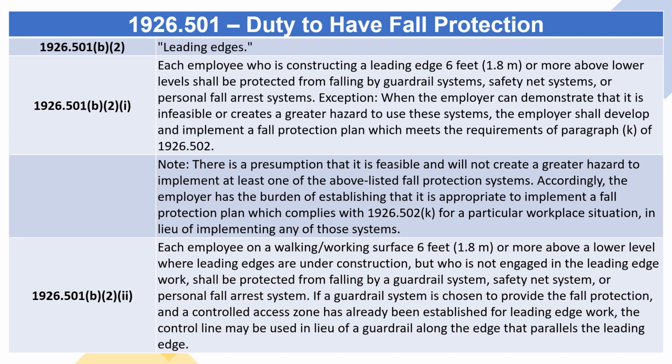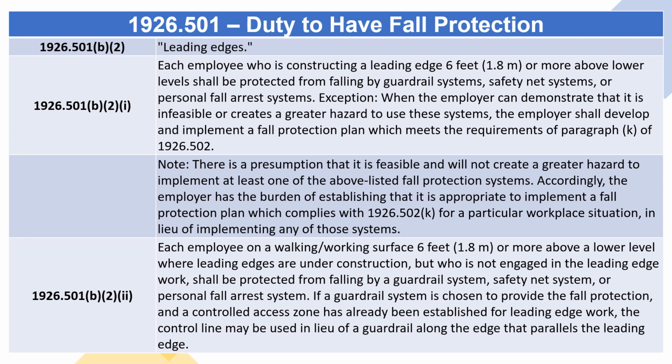1926.501 B2. Leading edges. Each employee who is constructing a leading edge 6 feet (1.8 meters) or more above lower levels shall be protected from falling by guardrail systems, safety net systems, or personal fall arrest systems. Exception: when the employer can demonstrate that it is infeasible or creates a greater hazard to use these systems, the employer shall develop and implement a fall protection plan which meets the requirements of paragraph K of 1926.502.